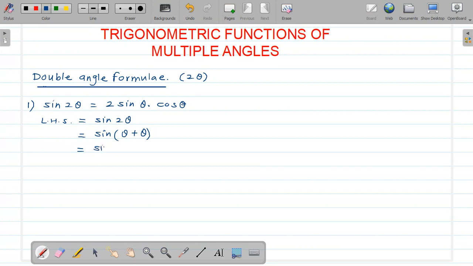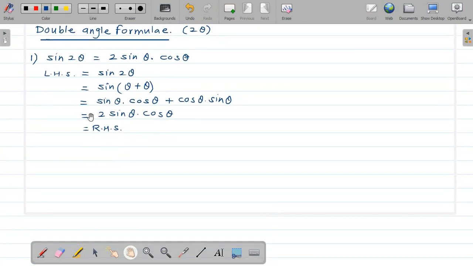By that formula, sine A plus B means sine A into cos B plus cos A into sine B. Here A and B both are theta. So here what will you get? If you observe this carefully, then you will get 2 times sine theta into cos theta. So this is nothing but RHS. So the proof is very easy to understand. Just remember this as a double angle formula, that is sine 2 theta is equal to 2 sine theta into cos theta.